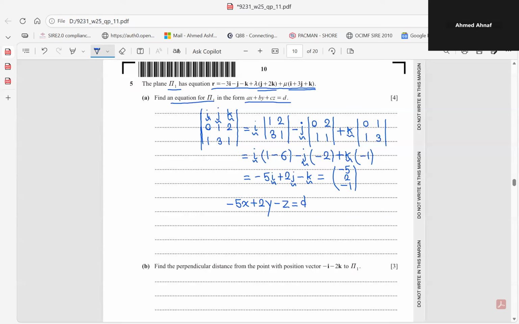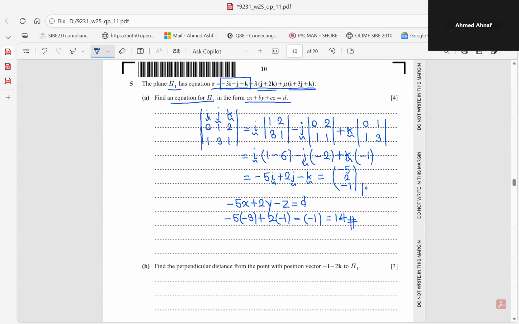So to get our D, we just have to substitute a point on the plane, and that one is just given by the first position vector on the vector equation of the plane. So we can substitute x equals to -3 and y equals to -1 and z equals to -1 as well. So you get 15 minus 2 plus 1, which is 14.